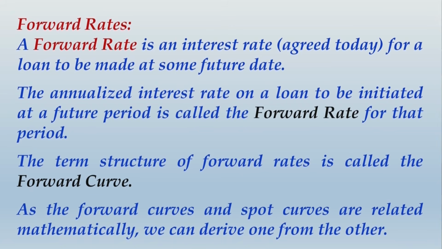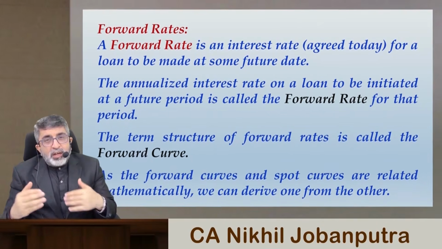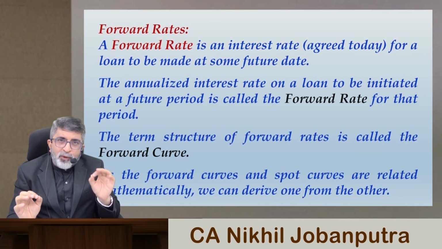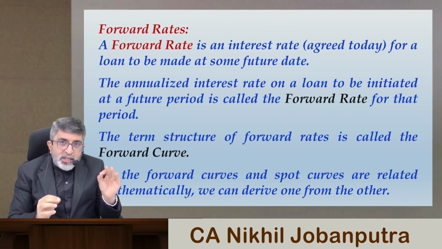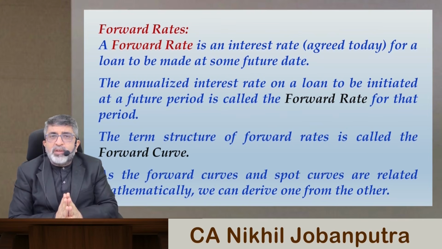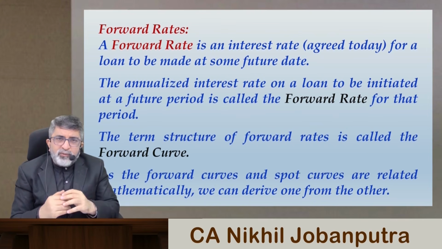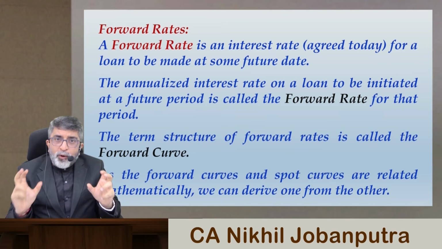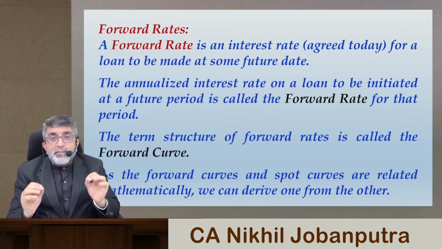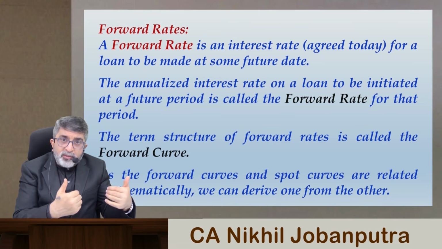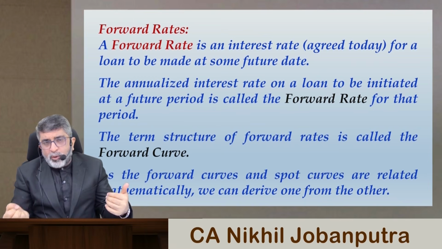Alright friends, I am sure you would have completed writing this whole thing. Now, as I said, the term structure of forward rates, you will be getting it graphically in the form of a forward curve. So a forward curve presented graphically is the indication of the term structure of forward rates. I already told you that. Now the last line, when you were writing these notes, you would have seen that spot rates and forward rates are connected mathematically, and therefore if I give you information about a set of spot rates, you can derive forward rates out of that.